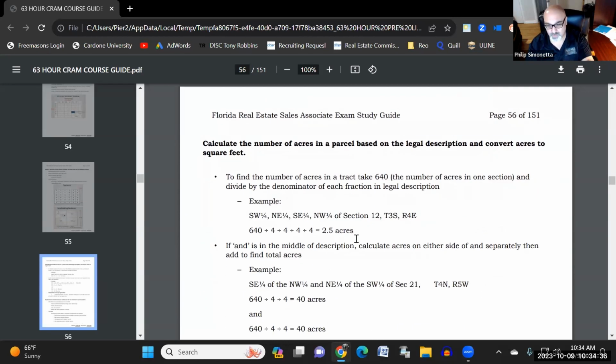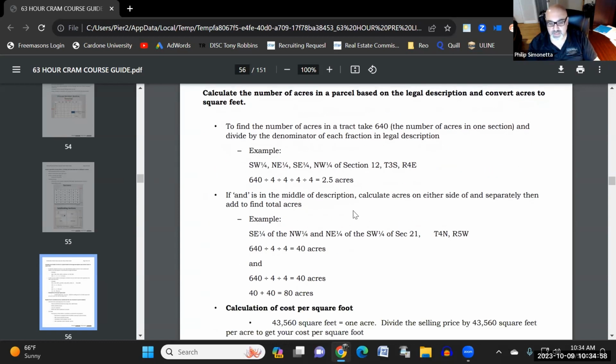I'm going to do one for you here. You have to remember how to calculate the number of acres in a parcel based on the legal description and convert acres to square feet. To find the number of acres in a tract, you take the 640, the number of acres in one section, and divide it by the denominator of each fraction in the legal description.